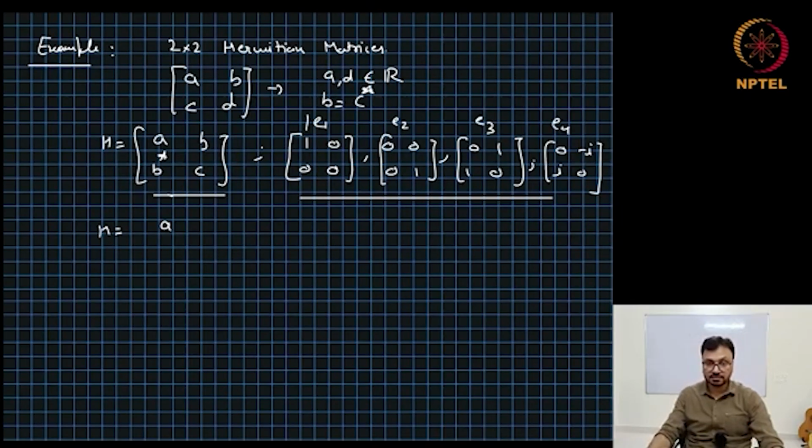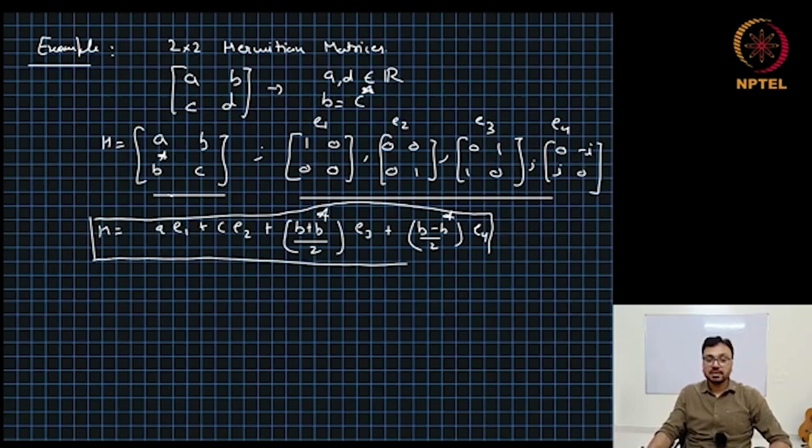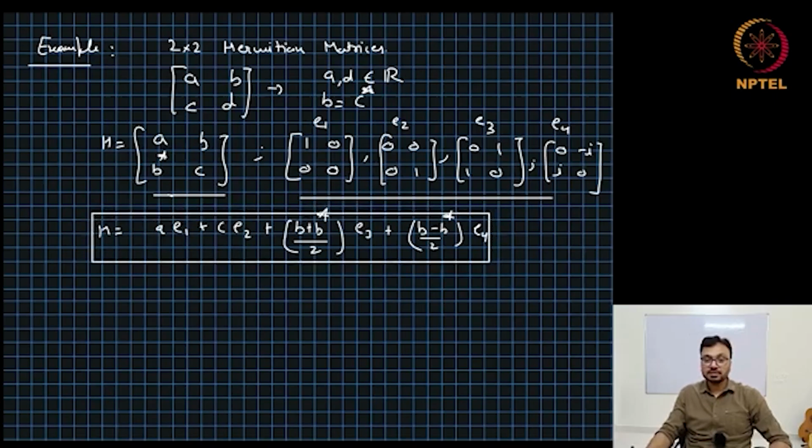Then I can write H as A times E1 plus C times E2 plus (B plus B star) over 2 times E3 and (B minus B star) over 2 times E4. In that way, we can write an arbitrary matrix as a linear sum of these.